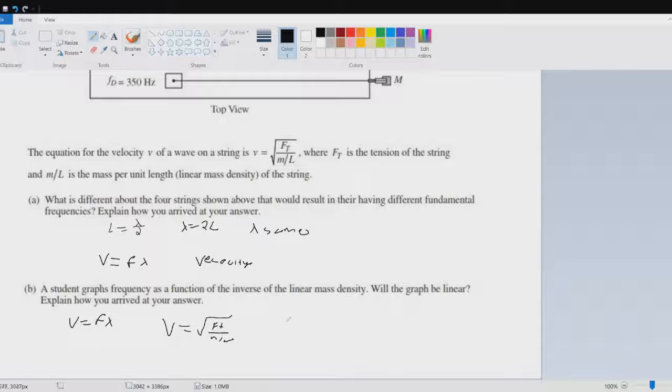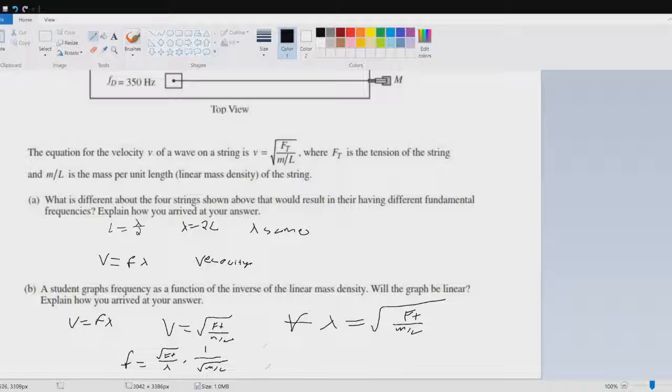And so then we can say by the first equation, f times wavelength equals the square root of Ft divided by the linear mass density. And so when we solve for f, we get f equals the square root of Ft divided by wavelength, times 1 over the square root of the linear mass density.